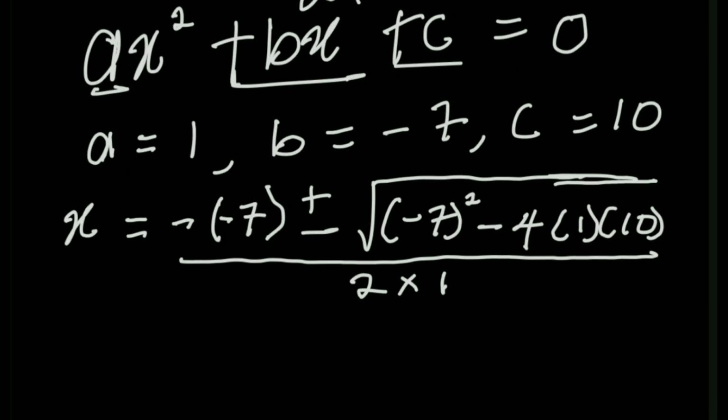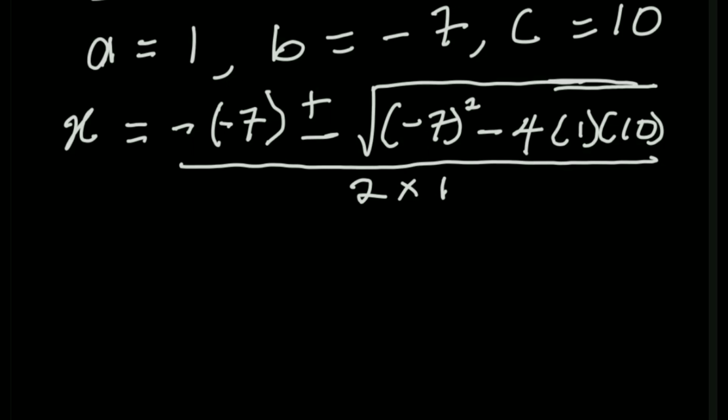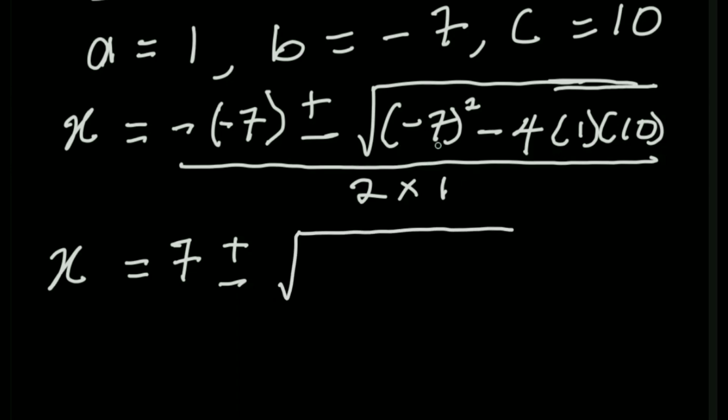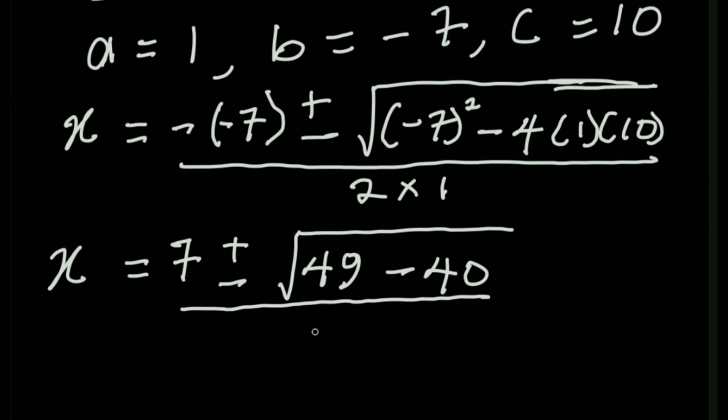And so we then evaluate this expression. x equals minus times minus, that is plus, so we have plus 7, plus or minus the square root of minus 7 squared, that gives us 49, minus 4 times 1 times 10, that's minus 40, all of these divided by 2.